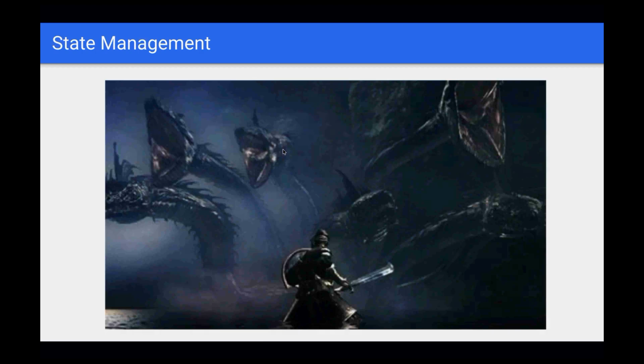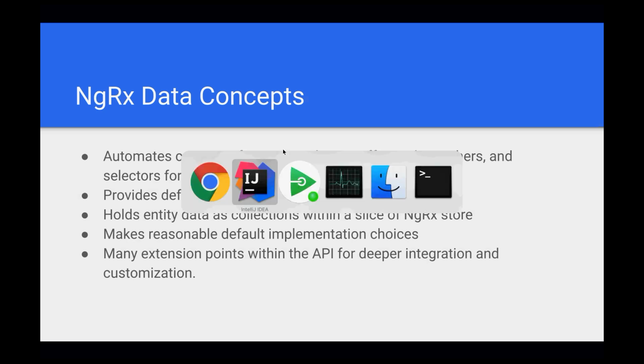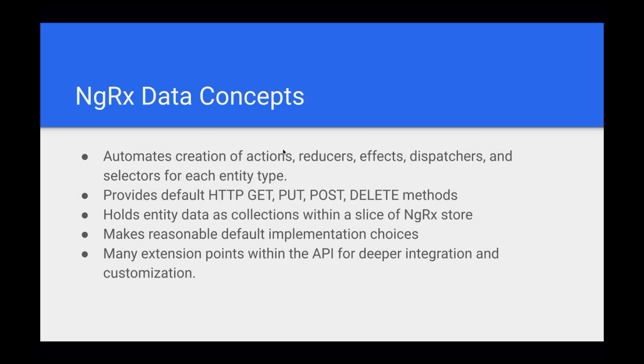The configuration for NGRX is actually pretty huge. John Papa, who presented the advanced workshop at NGConf, created this NGRX Data library, and it's now actually an extension for NGRX.